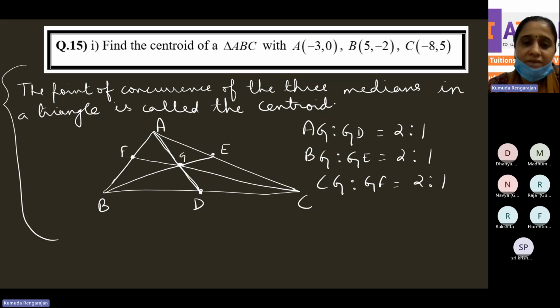Make a note of this and then take down the question: find the centroid, meaning find the coordinates of the centroid. To find the coordinates of the centroid, take the help of any one of the 3 medians. Take any median, any one, and find the coordinates. That's right, children?